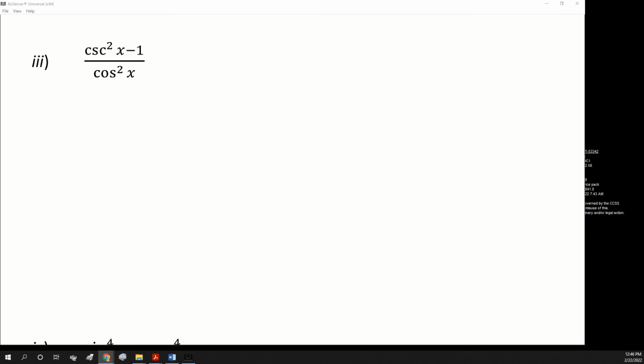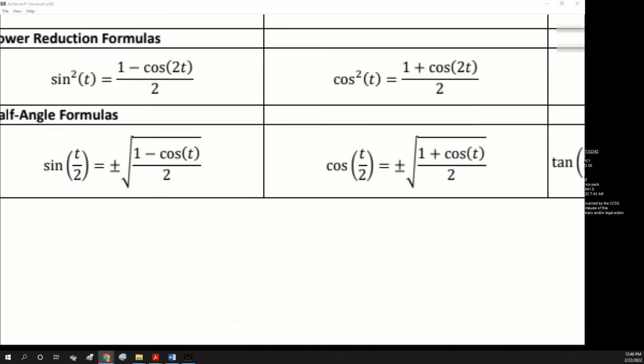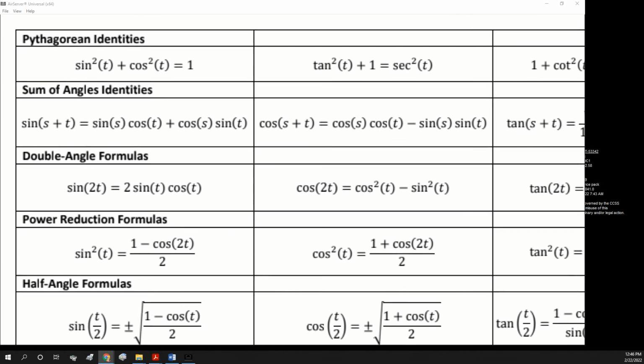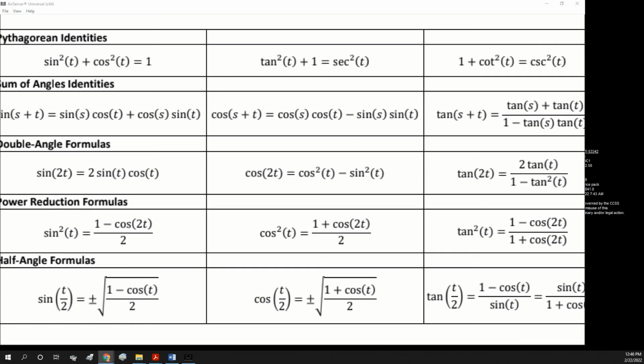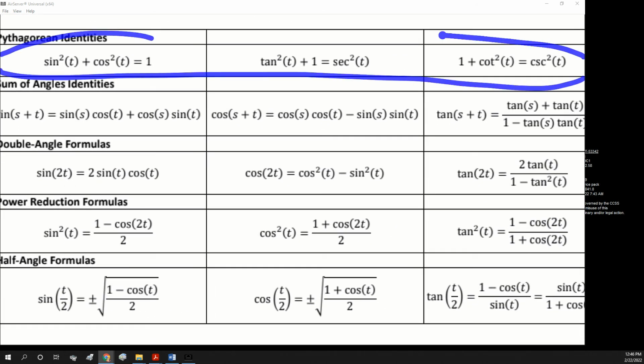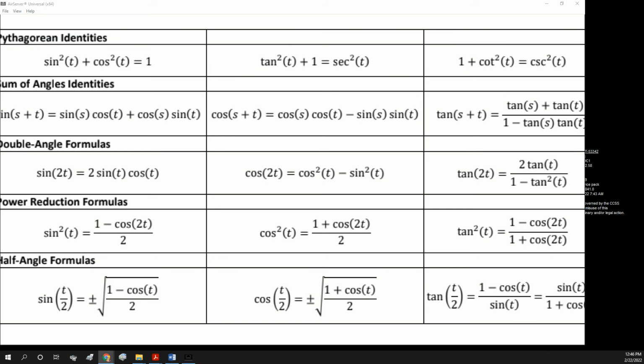All right, so whenever you see a trig ratio squared plus 1 or minus 1, where you want to look are these Pythagorean identities. So we have 3 of them to choose from. Now, what we have here was cosecant squared of x minus 1.